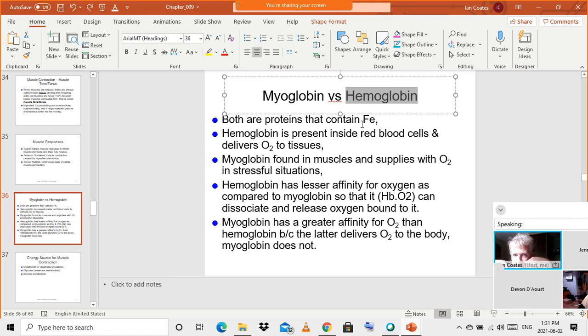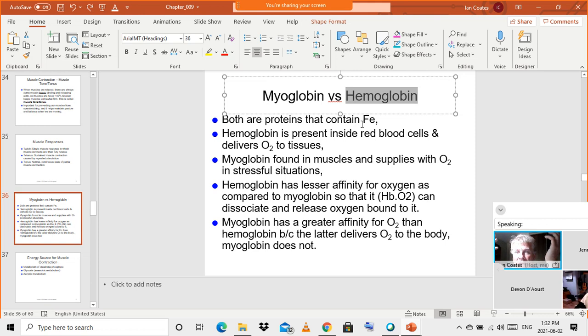But the muscles have their own form of hemoglobin. And it all goes back to tonus. You remember, your muscles are always ready to go, ready to act, because you never know when there's going to be a bear or a tornado or whatever.